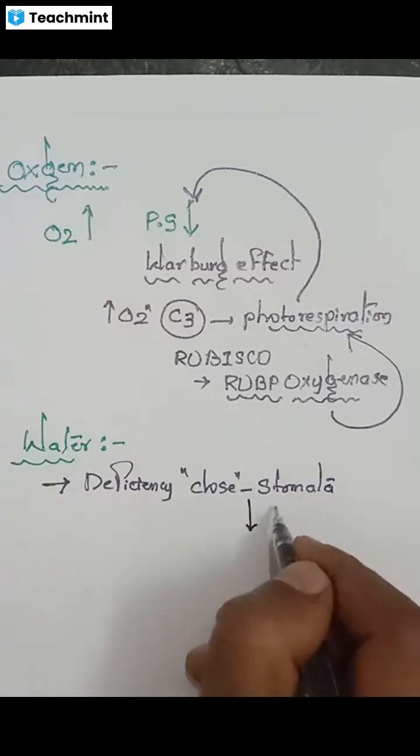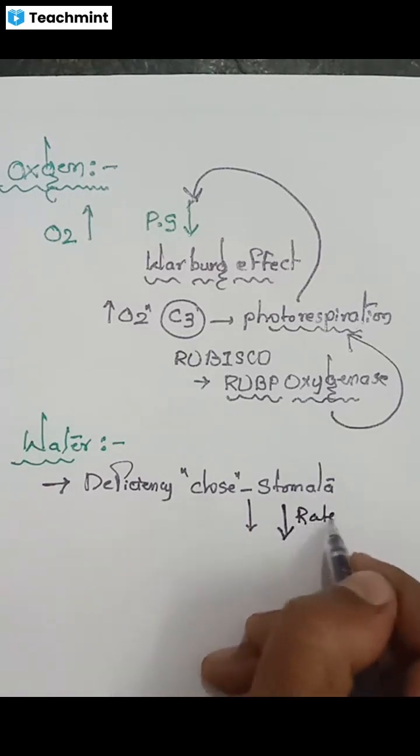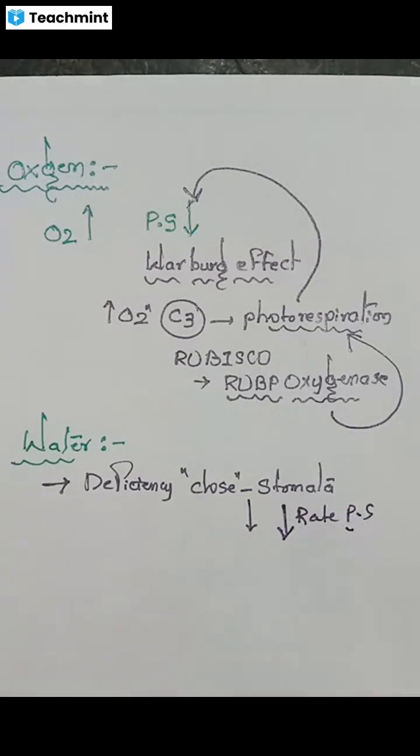As a result, the rate of photosynthesis is also decreased. So clear, water deficiency causes closing of stomata, and as a result the rate of photosynthesis decreases.